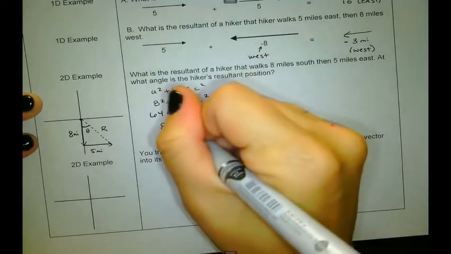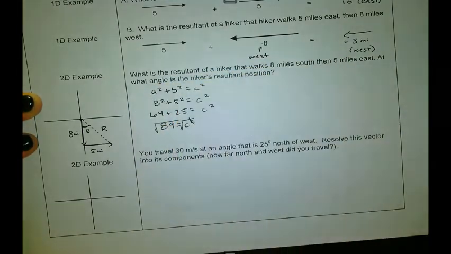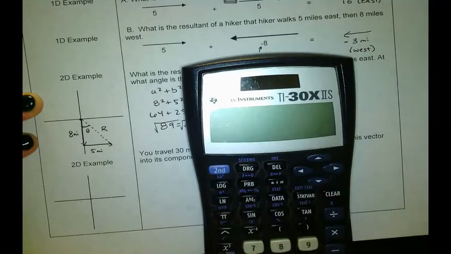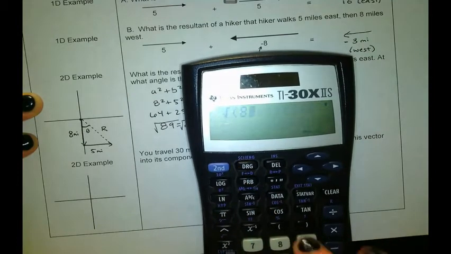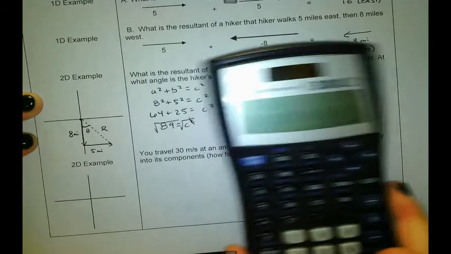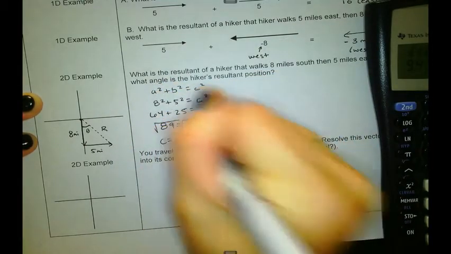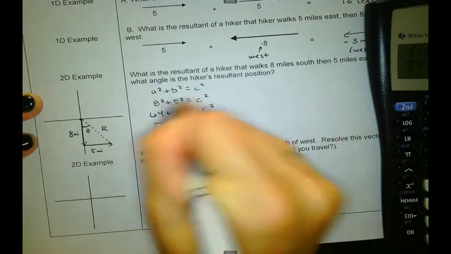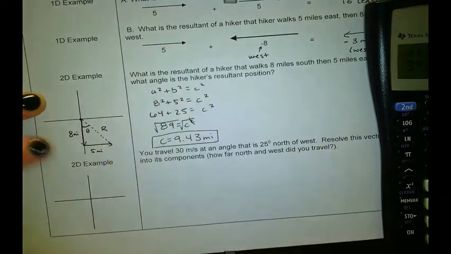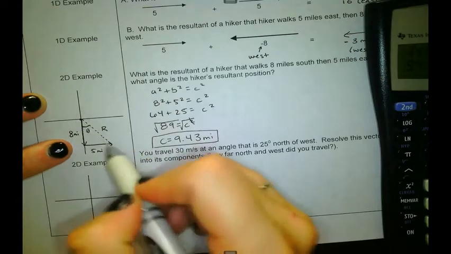I want c by itself, so I take the square root. The square root of 89 gives me 9.43. So c equals 9.43, and I'm going to say miles because the other two measurements were in miles. That's how long the resultant is.